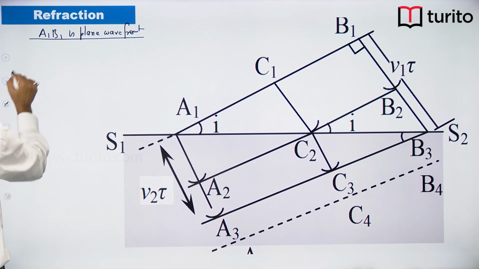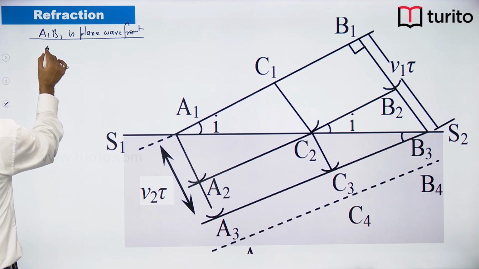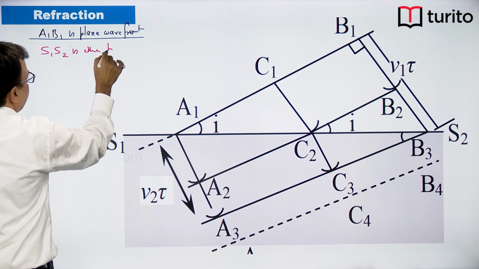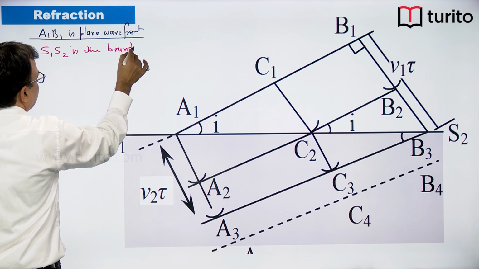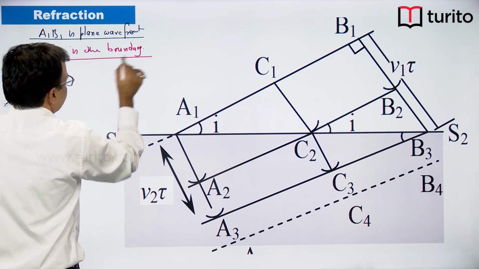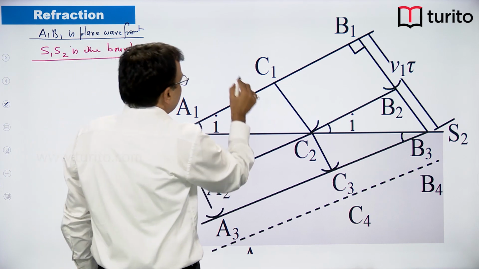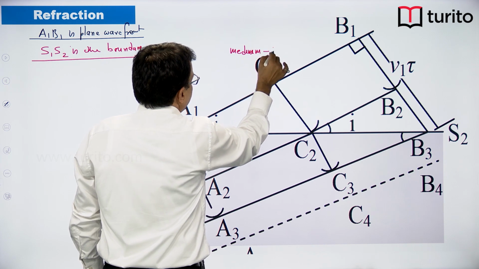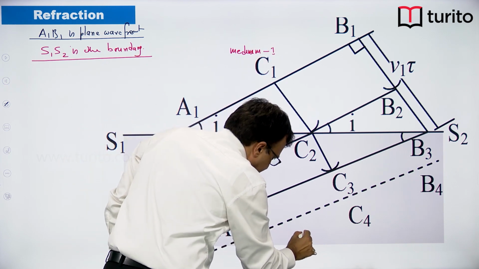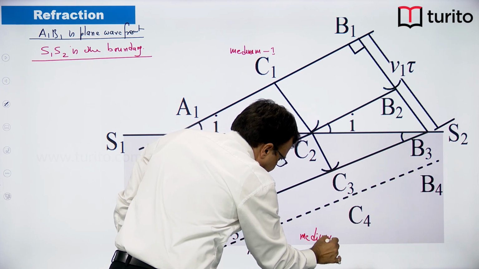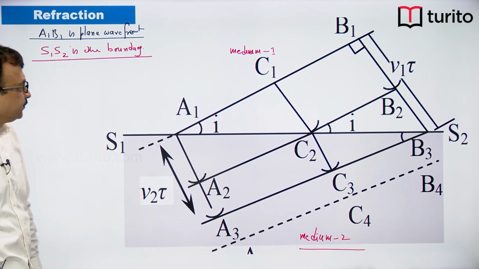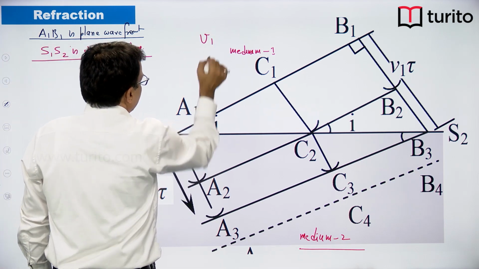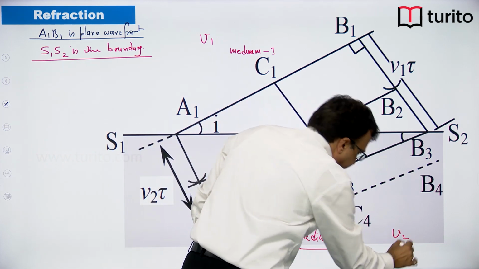S1 S2 is the boundary separating two media. This is medium 1, and this is medium 2. Speed of light in this medium is V1 and speed of light in this medium is V2.